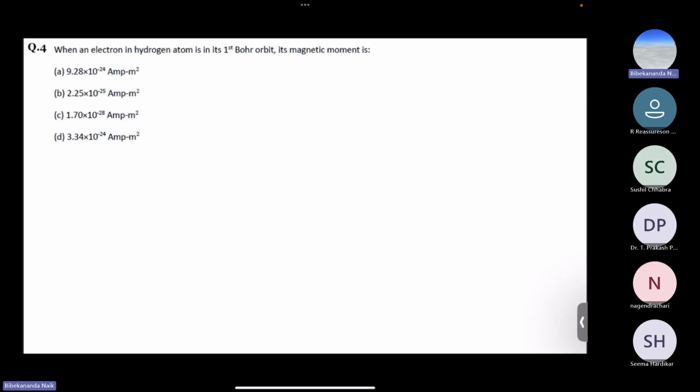Today we again discussed that mu L divided by L is e by 2m.